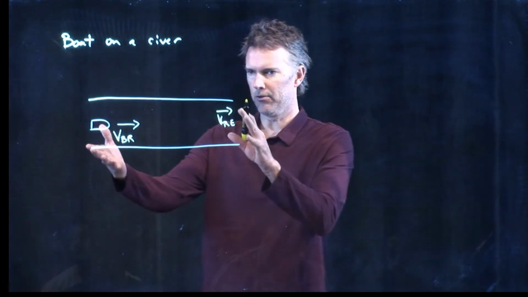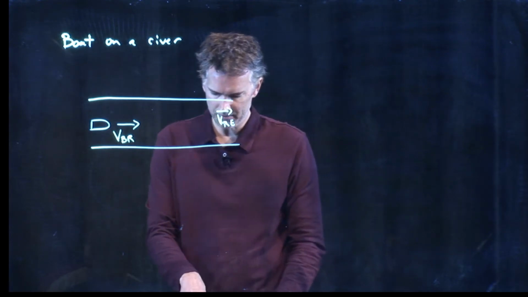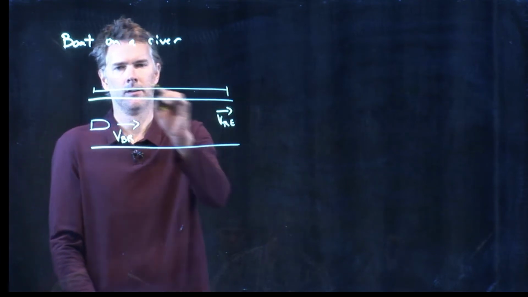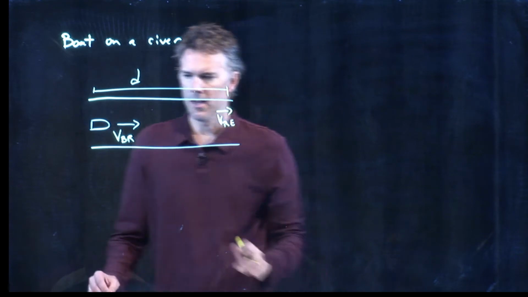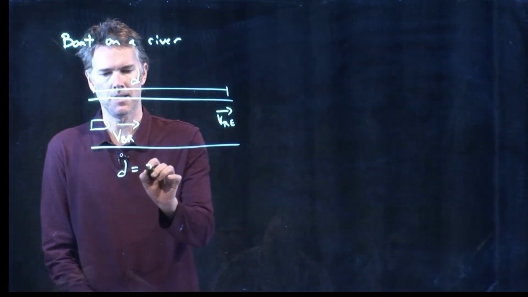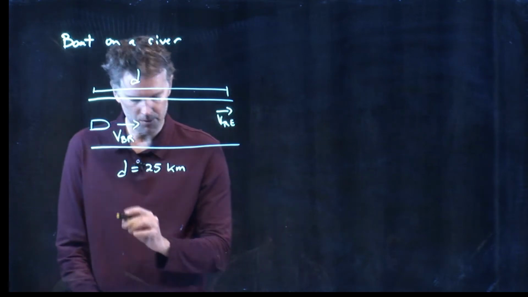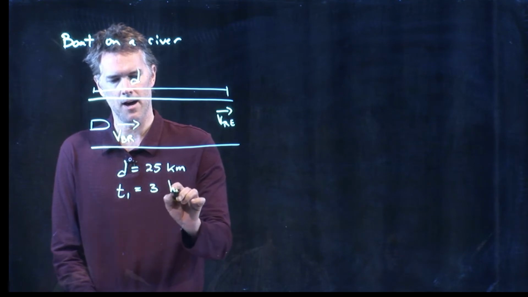And when we add those up, we get the speed of the boat relative to the earth. And what they tell us is that this distance, d, is 25 kilometers. And the time it takes the boat to cover that is 3 hours. We'll call that T1, going down the river.